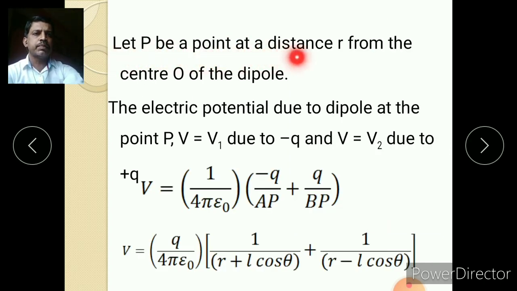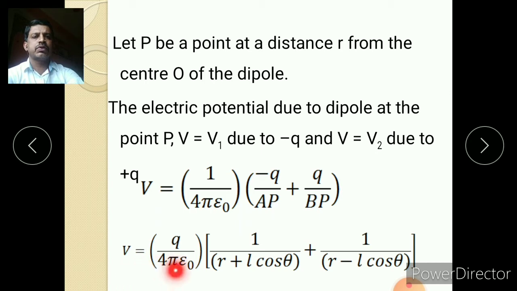Let P be a point at a distance r from the center of the dipole. The electric potential due to the dipole at the point P is given by V is equal to V1 due to minus Q plus V2 due to plus Q. Therefore, V is equal to 1 upon 4 pi epsilon 0 into minus Q upon AP plus Q upon BP.